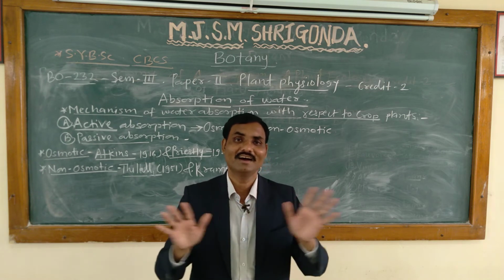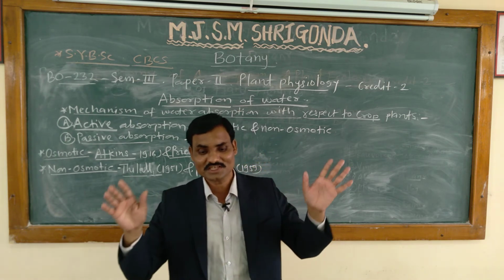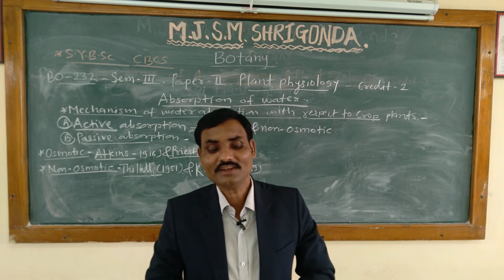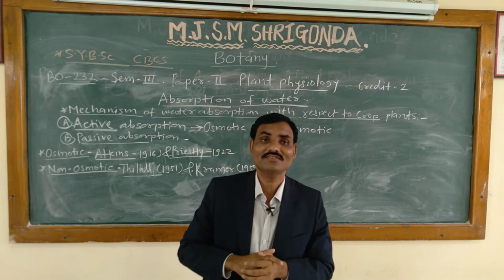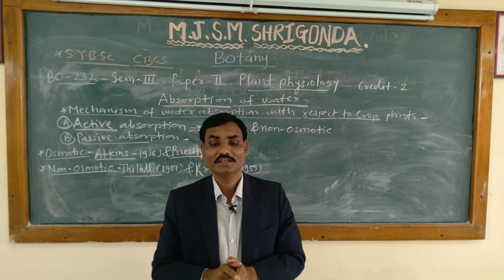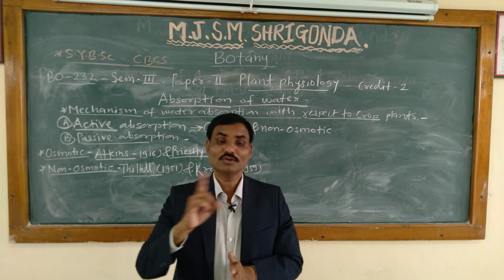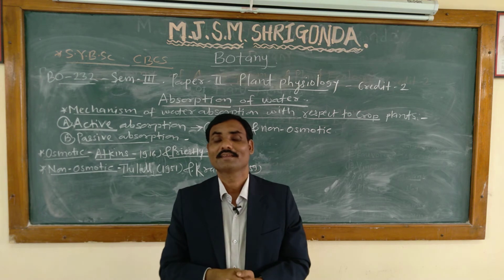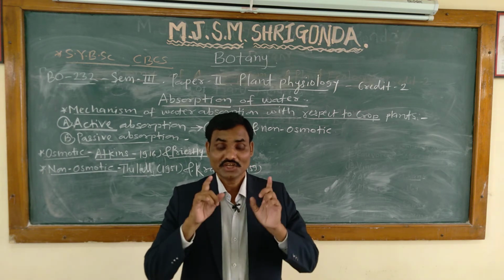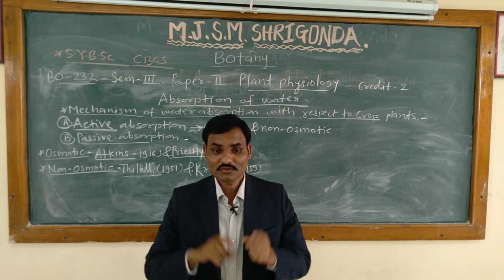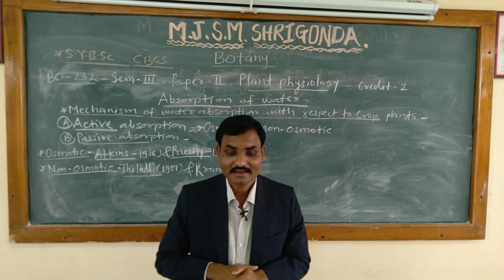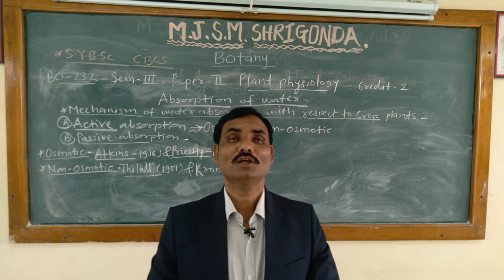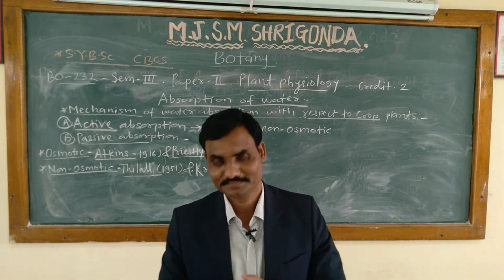Then the next point: at this stage the cell sap of the root hair is dilute in comparison to the cell sap of the adjoining cortical cell B, and thus the DPD and OP of the cortical cell is higher than the epidermal root hair cells.